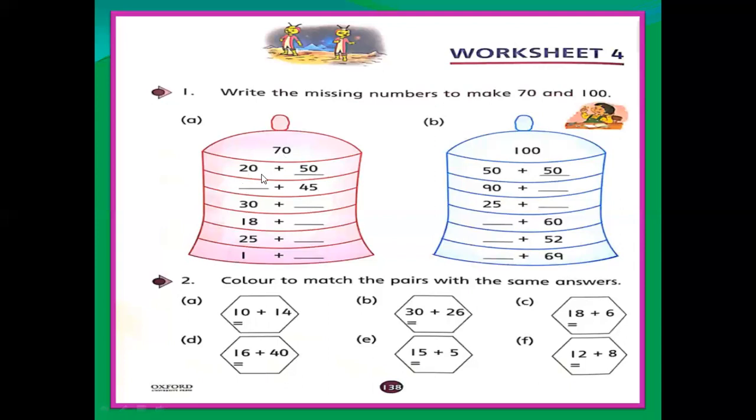Just subtract 70 minus 45. One number and the answer are given, so you subtract that number from the answer and you can find the second number. One example I give for you and the others you will do yourself. First you will do it in your notebook and then write the answer here.